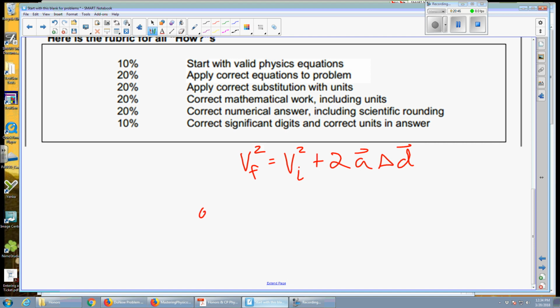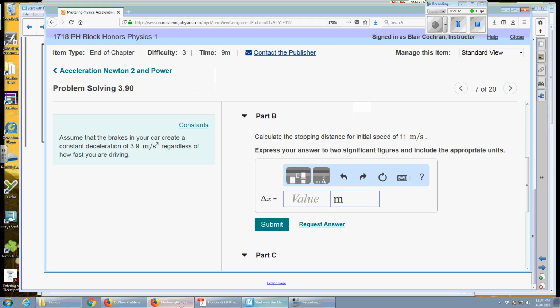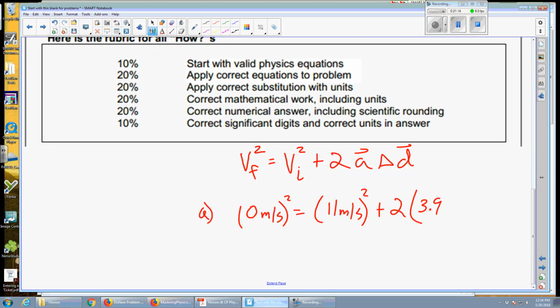And in case A, the 11 meters per second, I know in both cases, what does it mean to stop? What's my velocity? 0. So I'm going to have 0 meters per second squared equals my first time it's 11 meters per second squared plus 2 times 3.9, meters per second squared.